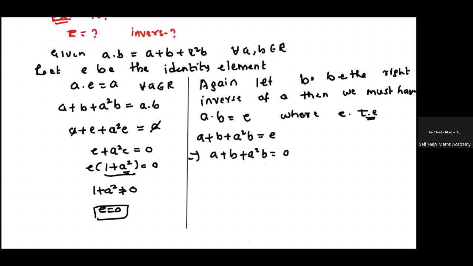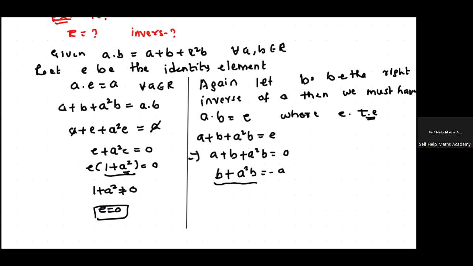Okay, so here what I can do is take this A to the other side because I want B. So B plus A square B will be equal to negative A. In these two terms I can take B out.